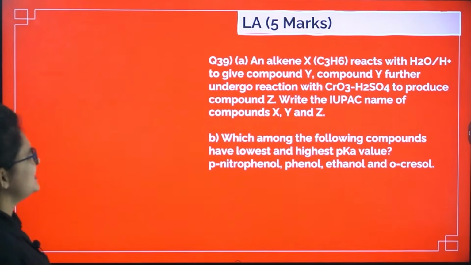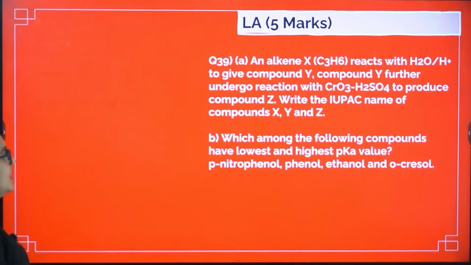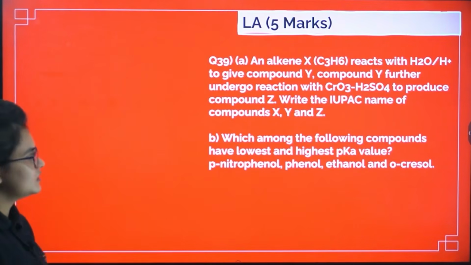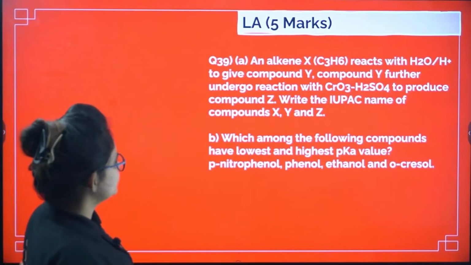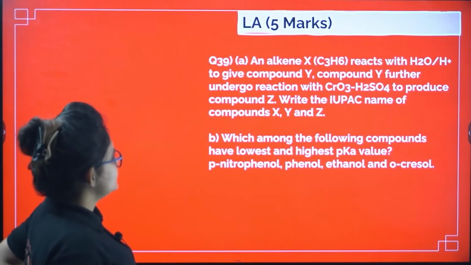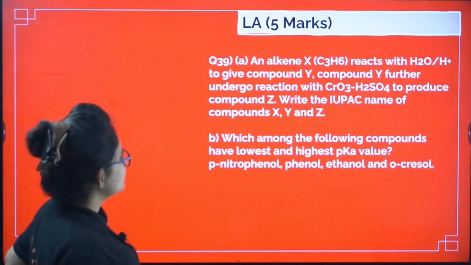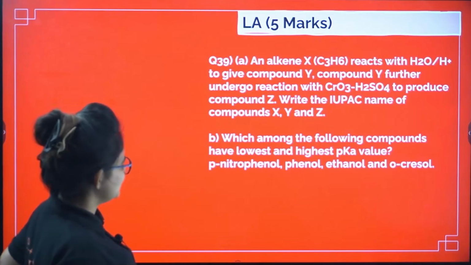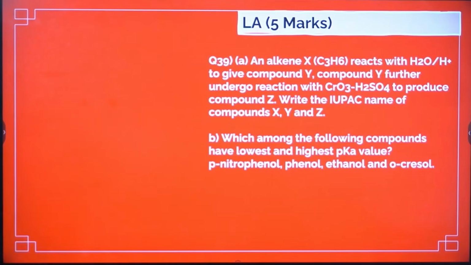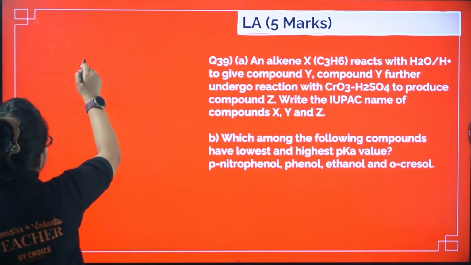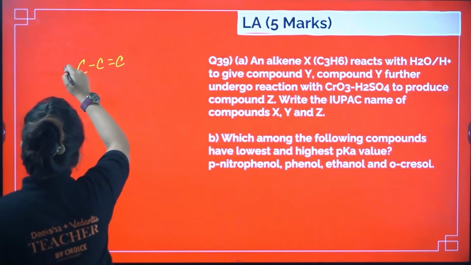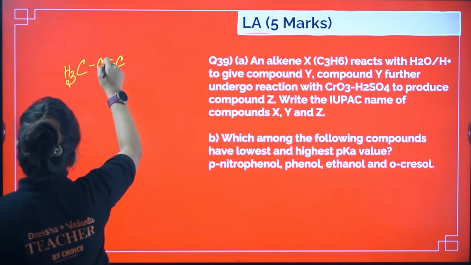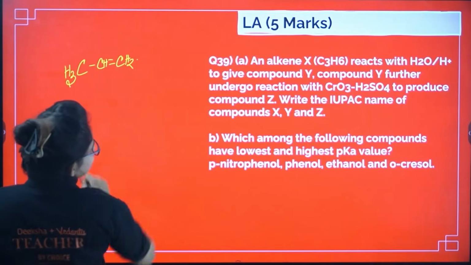An alkene C3H6 reacts with H2O, H plus to give compound Y. Compound Y further undergoes reaction with CrO3, H2SO4 to produce Z. Write the IUPAC name of the compounds X, Y and Z. So definitely if you are having C3H6, I can take it as propene.